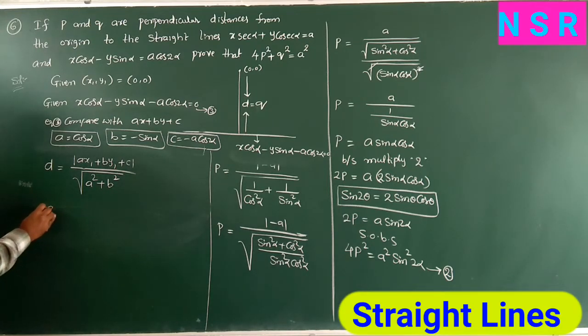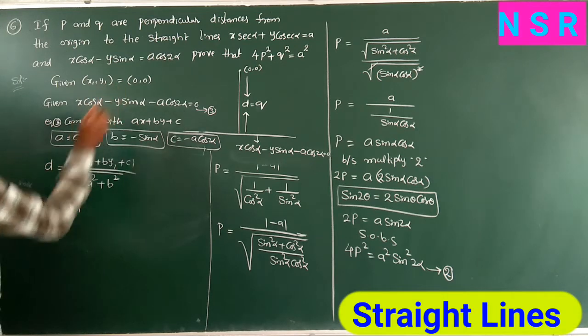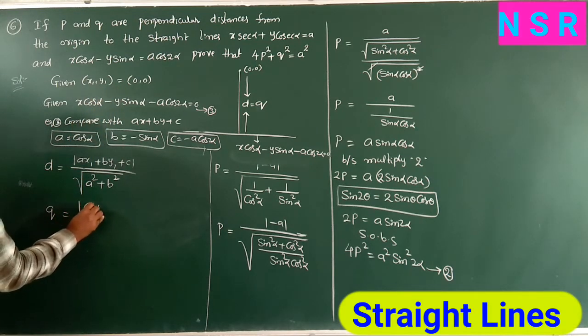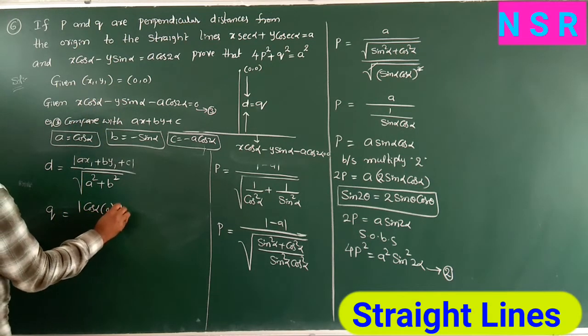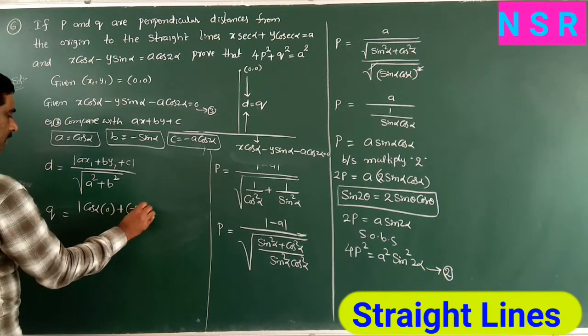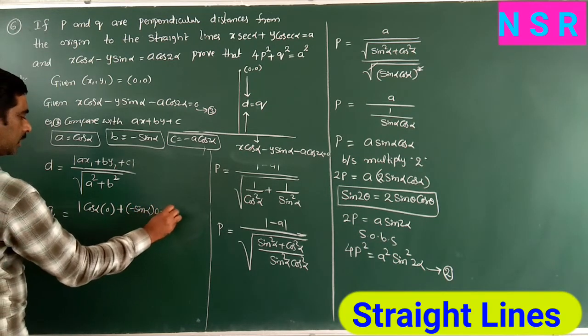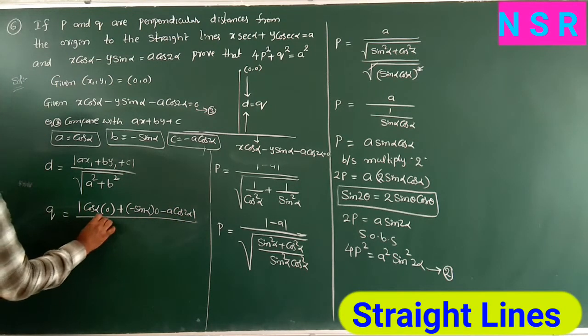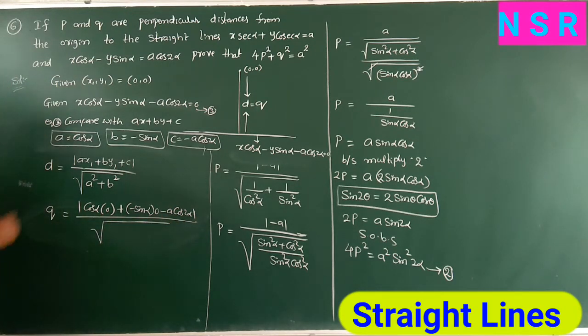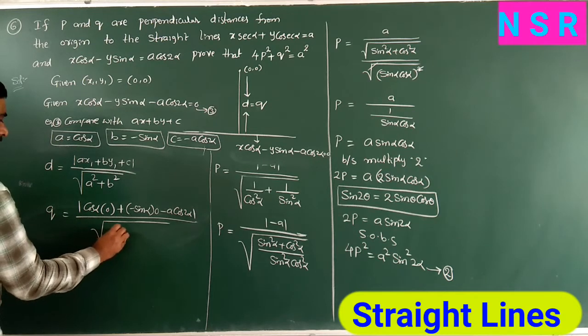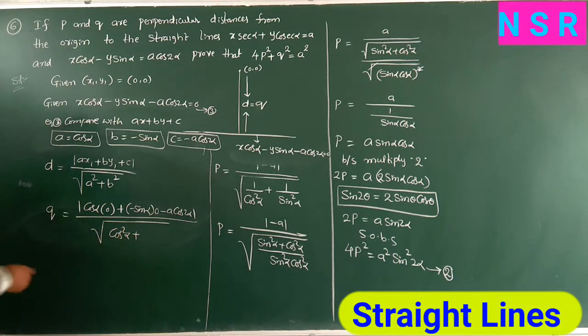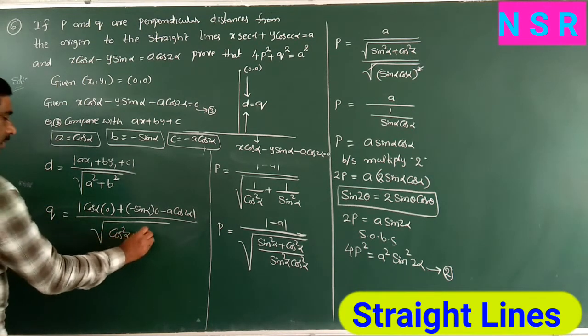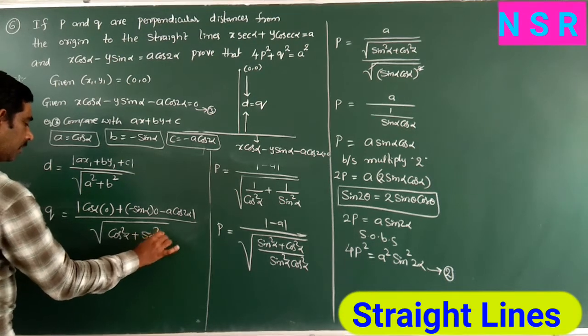So now q is equal to mod of ax1 plus by1 plus c, that is cos alpha into 0 plus minus sin alpha into 0 minus a cos 2 alpha, by square root of a square plus b square. A square means cos alpha square is cos square alpha, minus sin alpha square is sin square alpha.